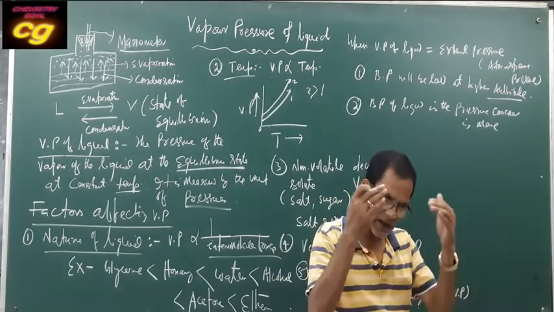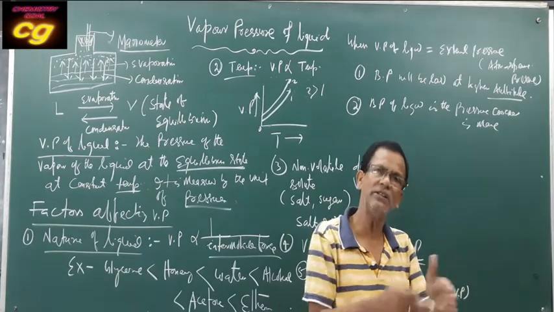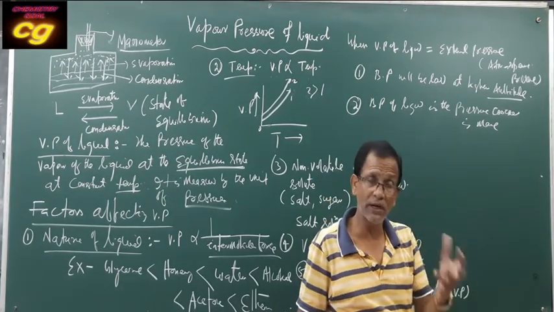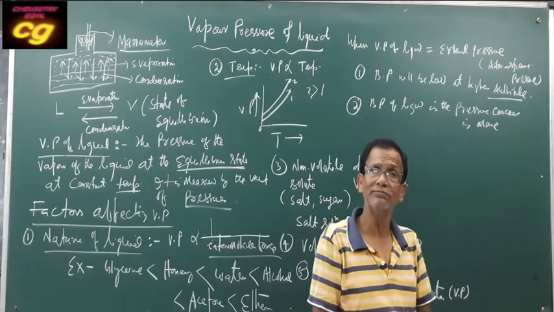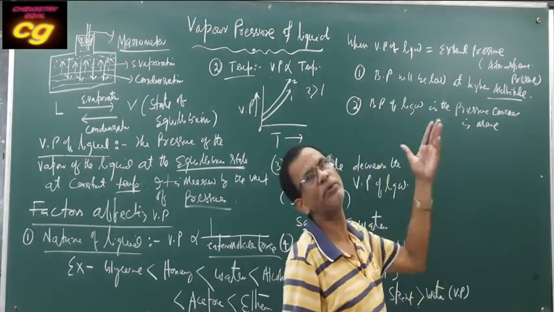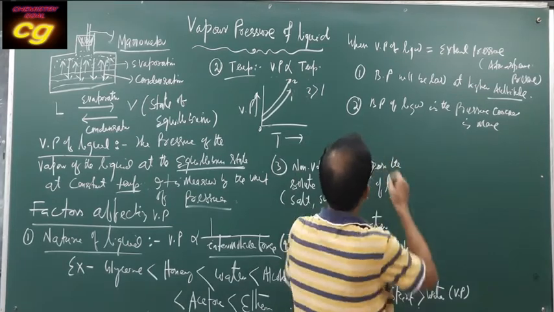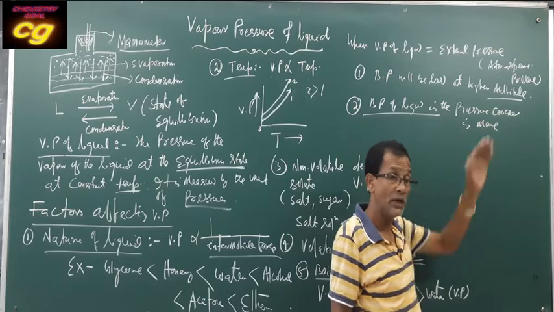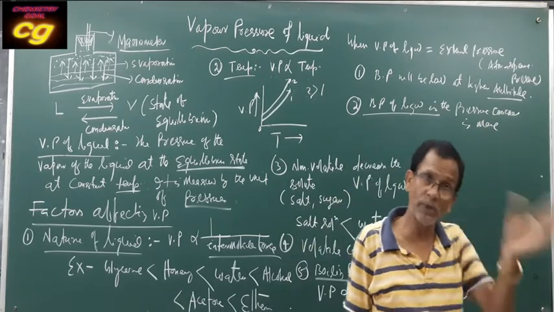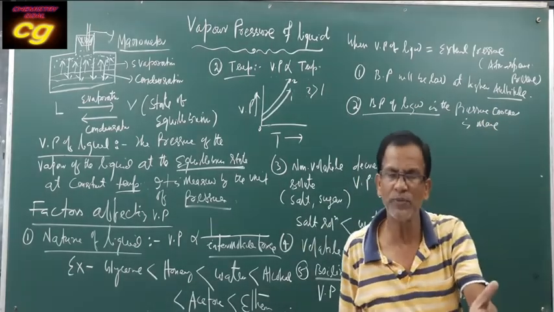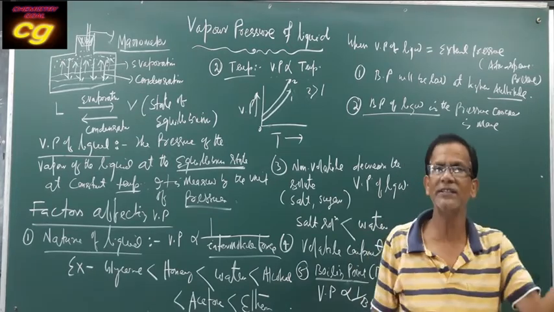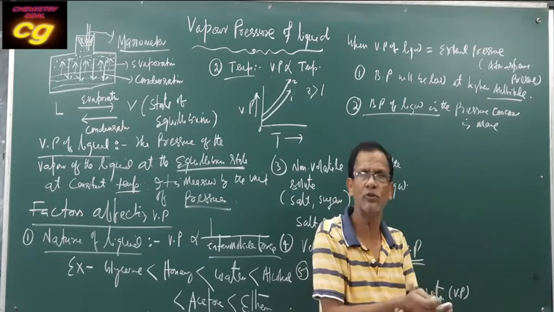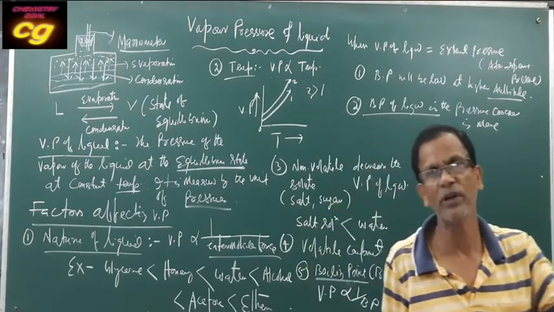When the vapor of the liquid is kept in the same pressure cooker and we increase the temperature, the pressure will be more. When the pressure is more, automatically temperature will be more. That's why the boiling point of liquid increases inside the pressure cooker. If you boil water in an open vessel at 1 atmosphere pressure, the boiling point is 100 degrees Celsius. But if the same liquid is boiled inside the pressure cooker, it may be more than 100, like 101, 102.